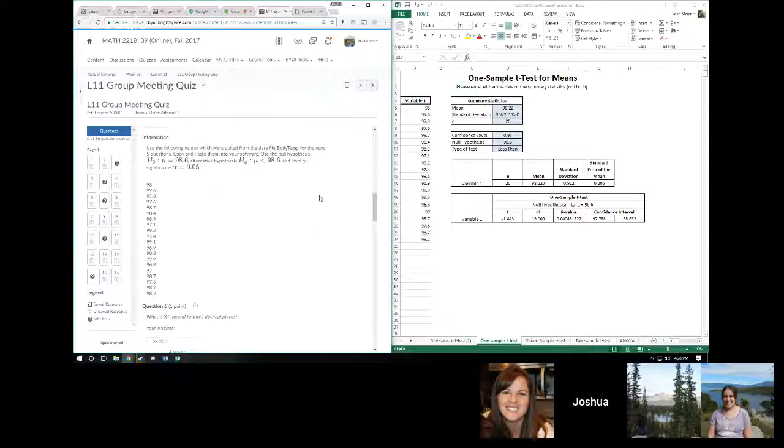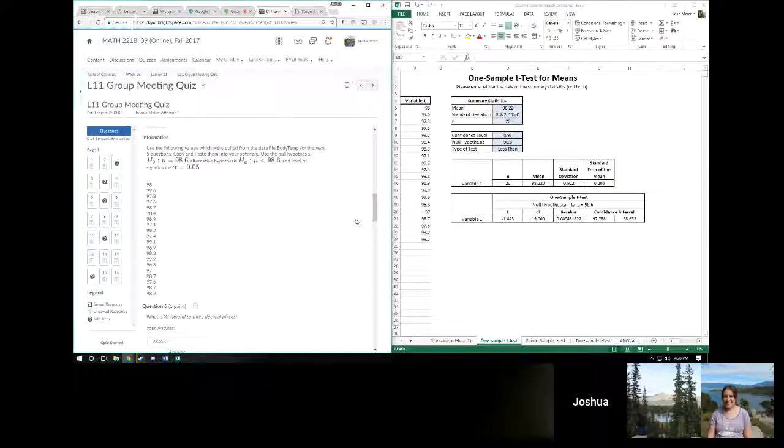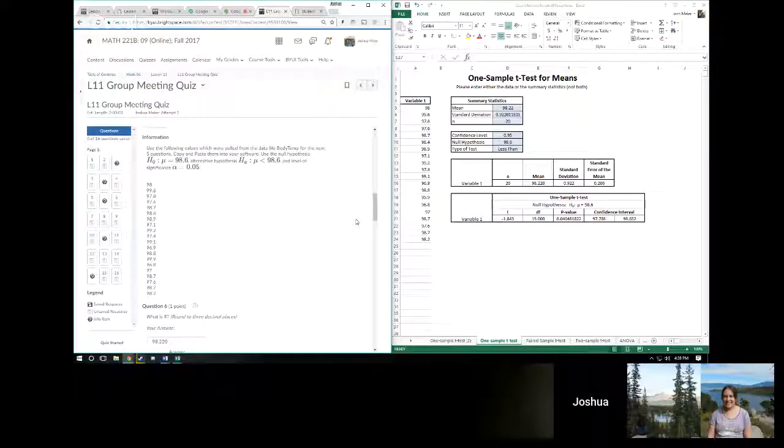Because if you were to do the calculation for the t-score, the sample mean is 98.22, correct? But the population mean that we're given is 98.6.